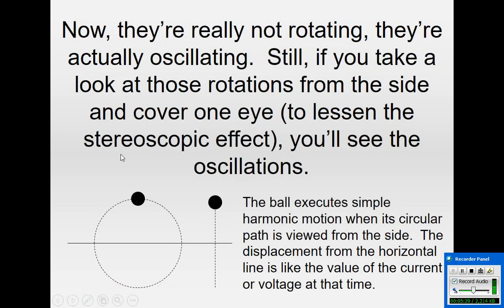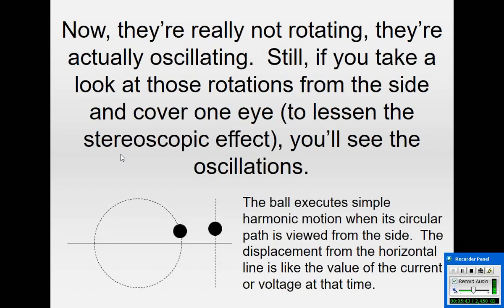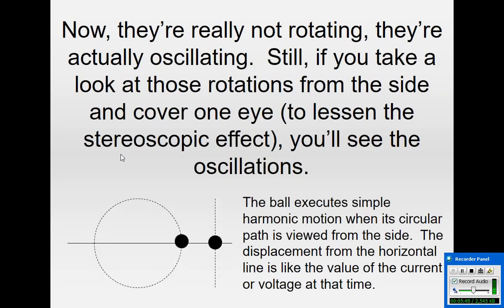It is the projection of the arrowhead onto the horizontal axis that gives us the actual oscillations that are taking place, much like the projection of the ball going around the circle on the left can be projected onto a single axis, represented by the ball oscillating up and down along the straight line to the right.